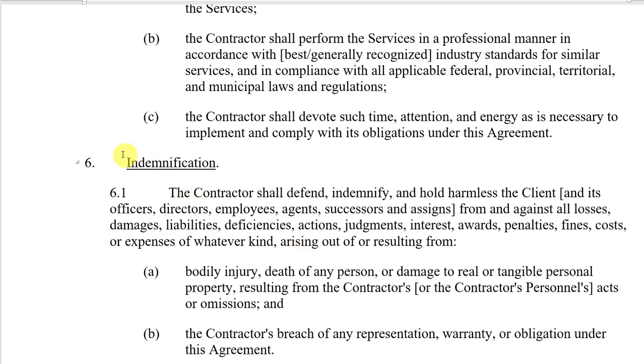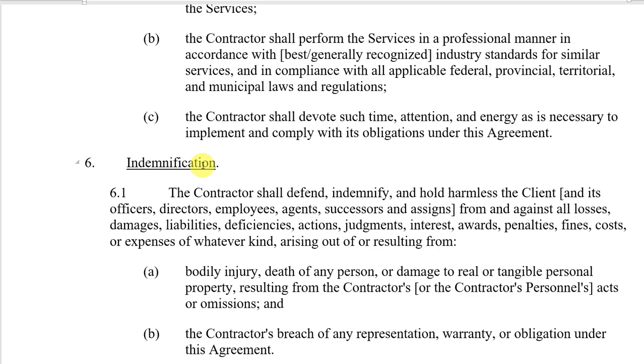Indemnification, clause 6 here, refers to the case where the contractor has done poor work, for example, and now you are being sued as it's your responsibility.